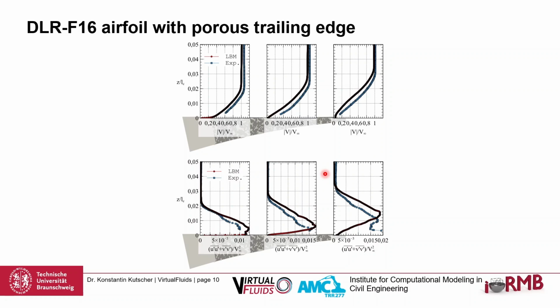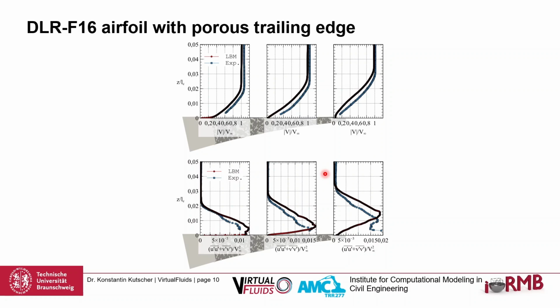I was more thinking about the overall airfoil, not the porous part, but the front part. Yes, we also computed the pressure coefficient for the whole airfoil and compared with the measurement, and at the leading edge and the middle it was very nice.